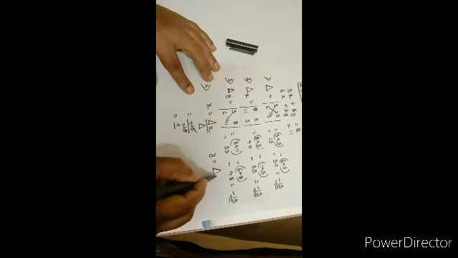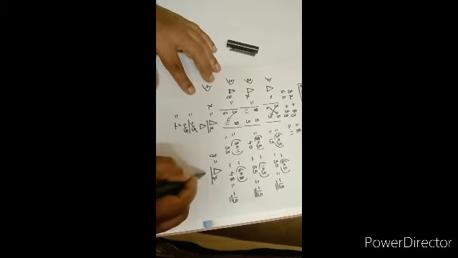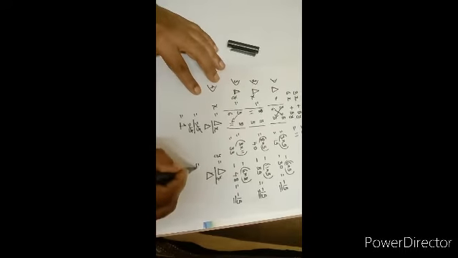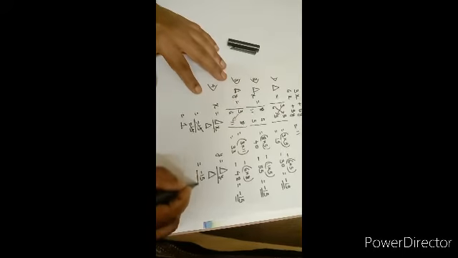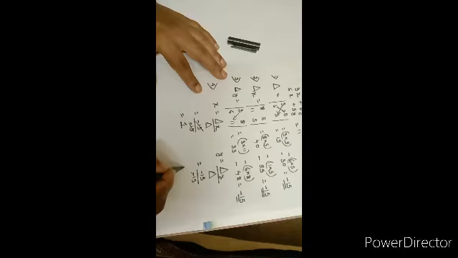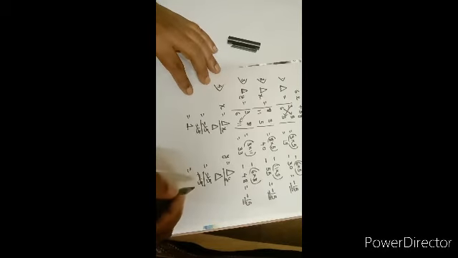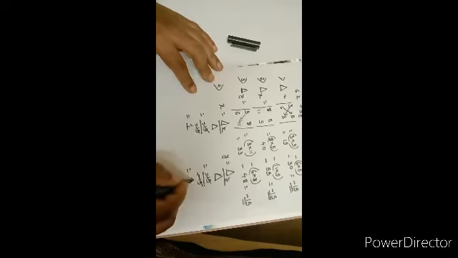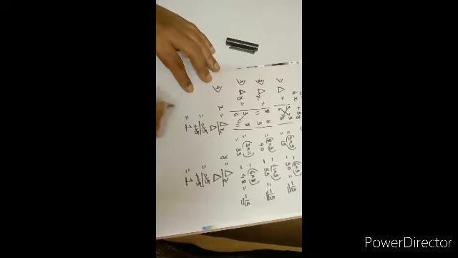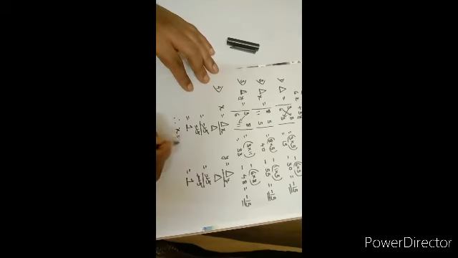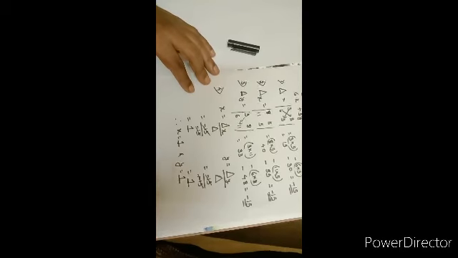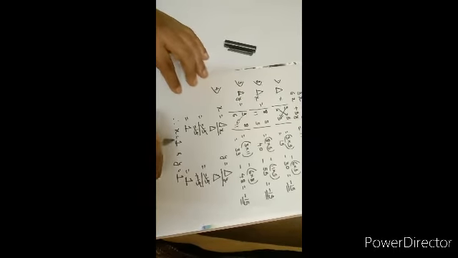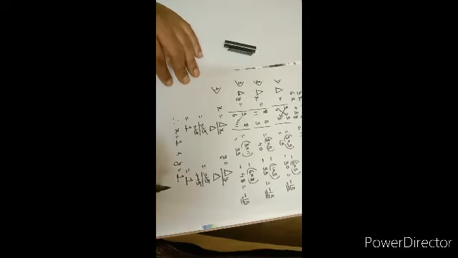The same formula, delta y divided by delta, that is minus 15 divided by minus 15, which gets cancelled. So the answer is 1. Therefore the value of x is 1 and the value of y is also 1.